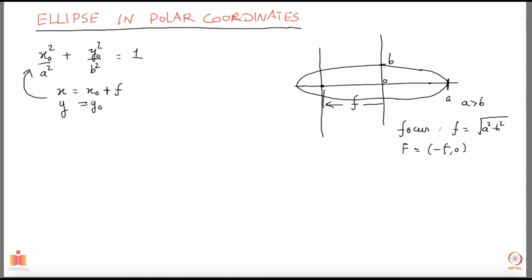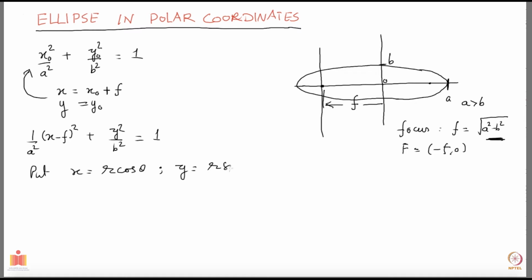Also let me write this down. So you get (x minus f) whole squared over a squared plus y squared over b squared equals 1, where f is given by this relation. Next you put x equal to r cos theta and y equal to r sin theta.